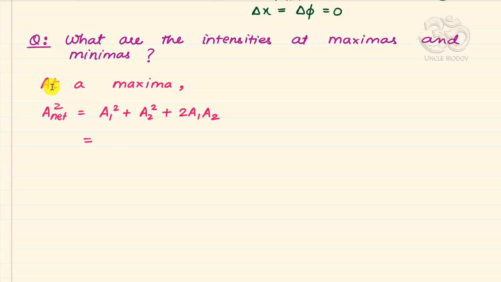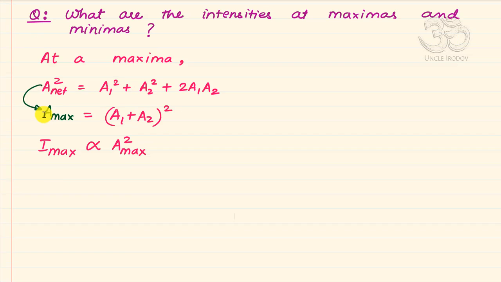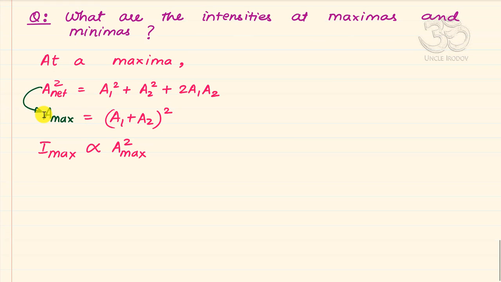So this is (a1 plus a2) whole square, and intensity at maxima is going to be proportional to the amplitude at maxima whole square. So this same guy, I'm trying to write as a max, and so intensity at a maxima is proportional to (a1 plus a2) whole square.